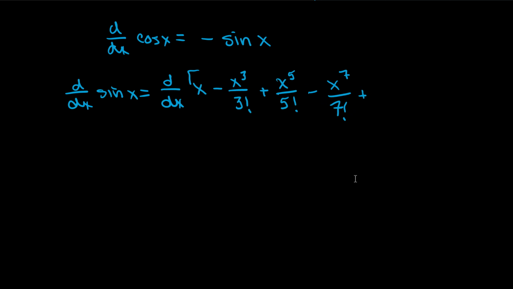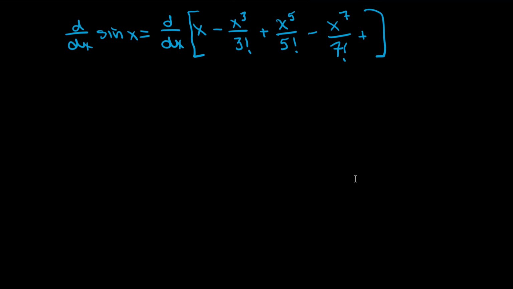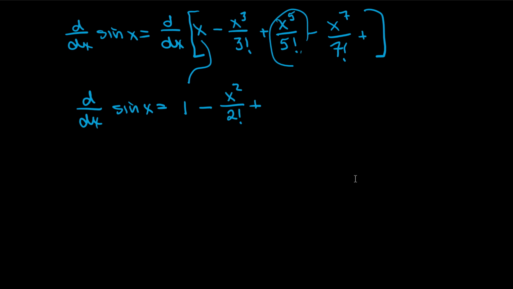Okay. Now, just like we did with cosine, we can term by term take the derivative of sine. What we're going to get here is that the derivative of the sine of x equals, well, the derivative of x is going to be 1, minus, just as we saw above, 3x squared over 3 times 2 times 1, which will give us x squared over 2 factorial, plus, when we take the derivative of this term, we're going to wind up with 5x to the 4th.